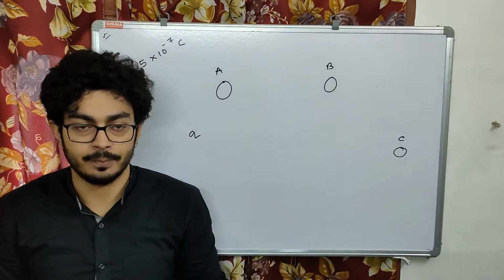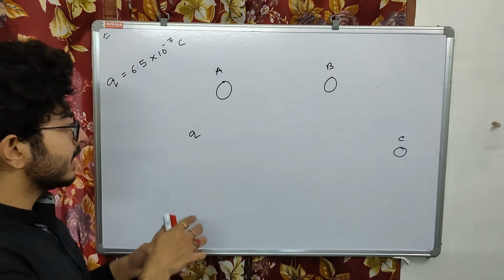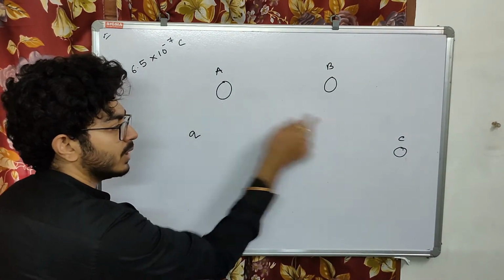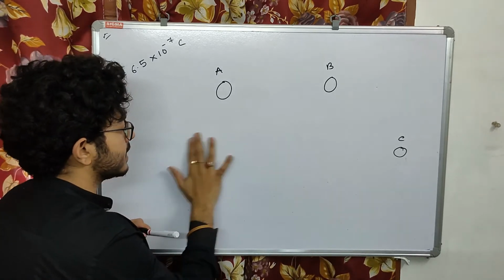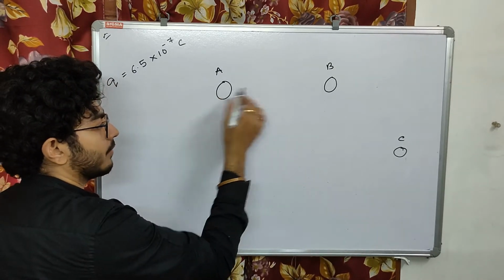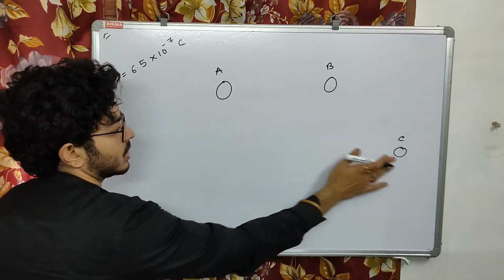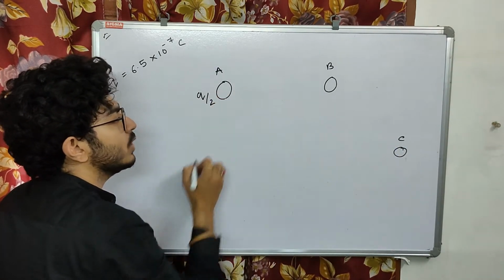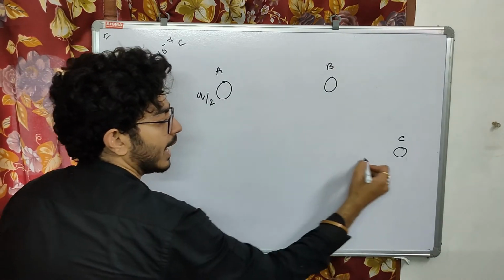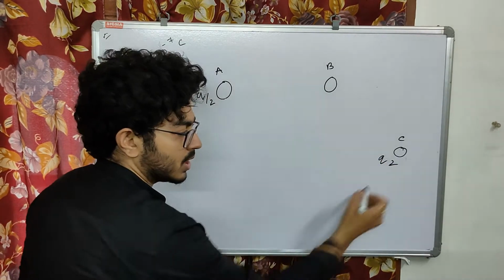In the same way there will be a sharing of charge between A and C. So after C has touched, A will have Q by 2 and C will also have Q by 2 charge.